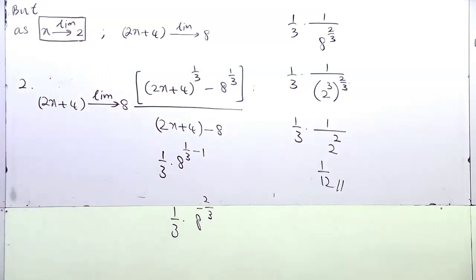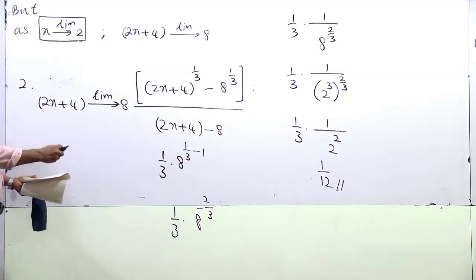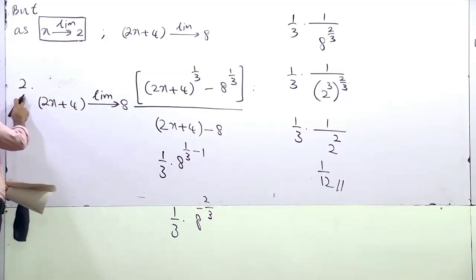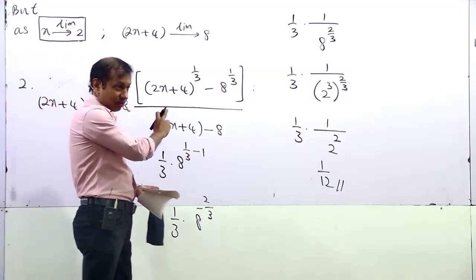Right, no? I missed something. What's that? This 2, this 2, I missed, no? Right. Don't miss that.